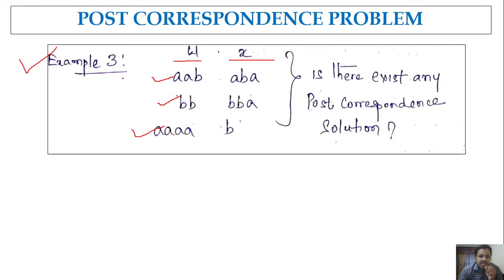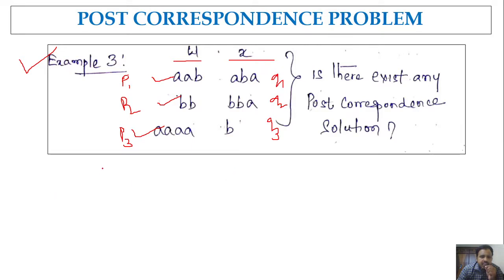Let me consider it as P1, P2, P3, and this part I am considering Q1, Q2, Q3. So does this problem have a PCP solution, that means a post correspondence solution?